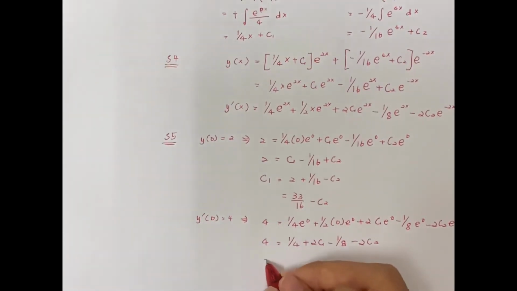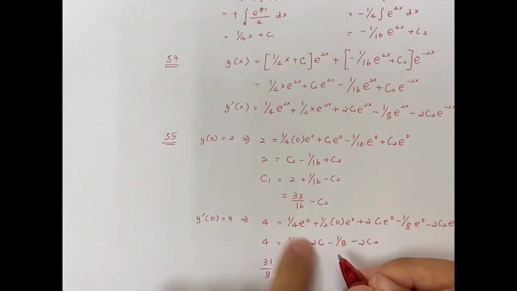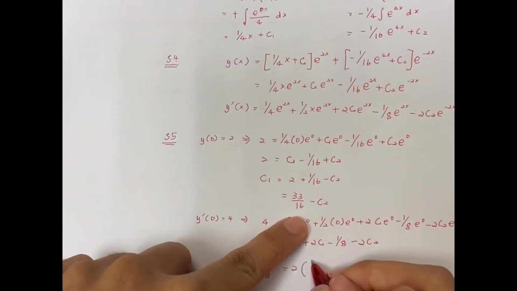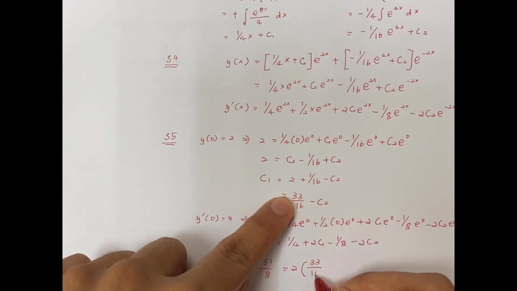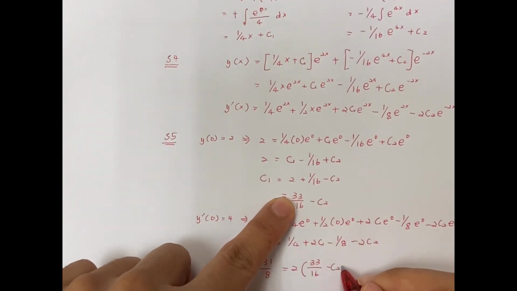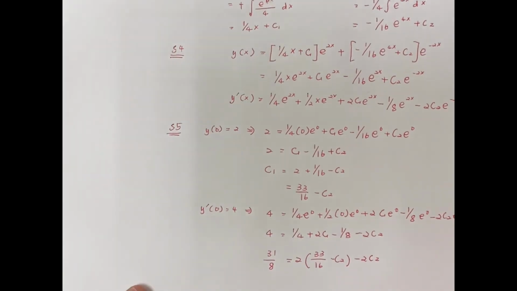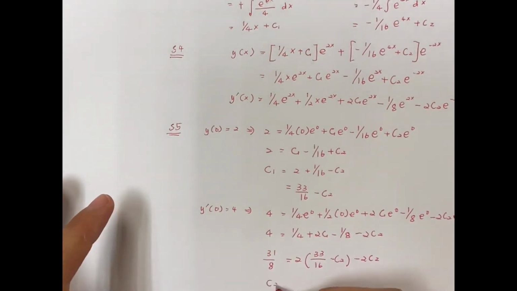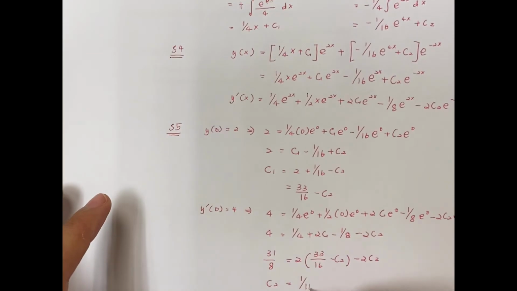you have 31 over 8 equal to 2c1. Substitute c1, which is equal to 33 over 16 minus c2, minus 2c2. Okay, so your c2 is equal to 1 over 16.